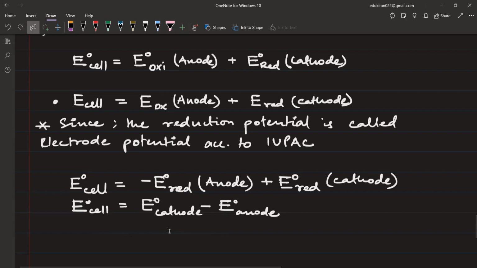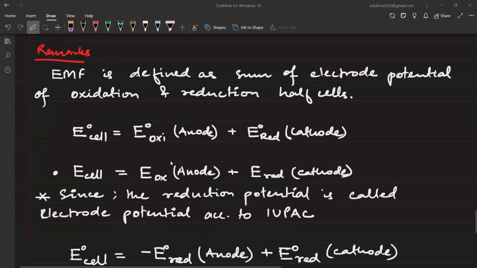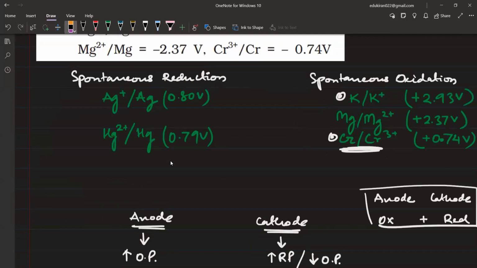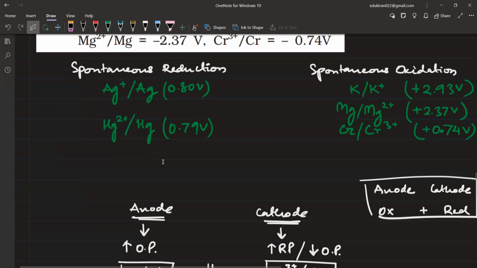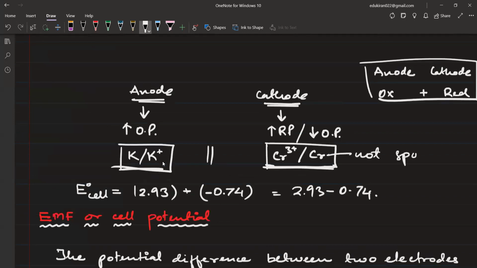Done everyone? Yes or no? Okay, now let us give you an exercise which will be a bit of fun and will put some load on your mind. You just saw that even though this is not spontaneous, correct? Cr3 plus 2 Cr was not spontaneous, right? But still we can use it.